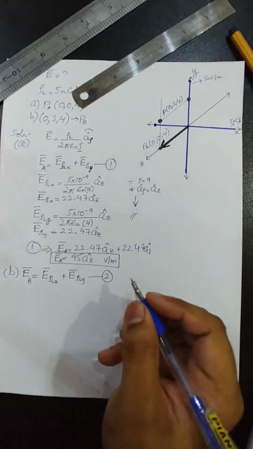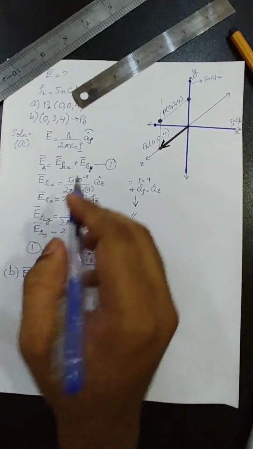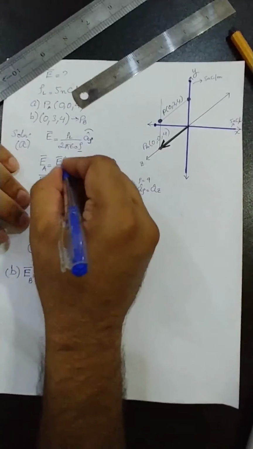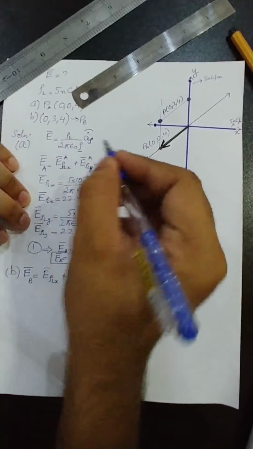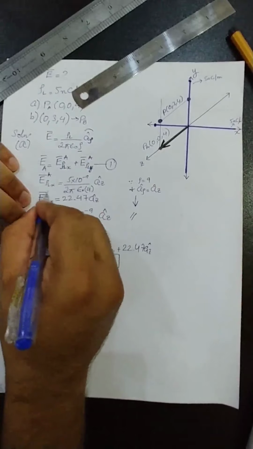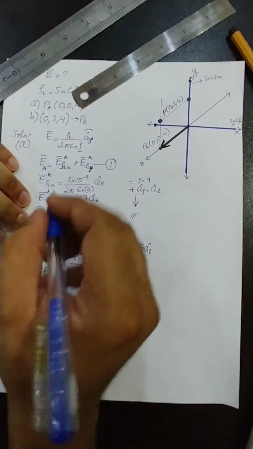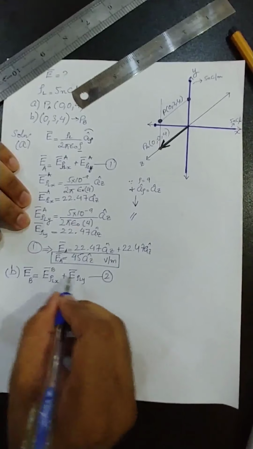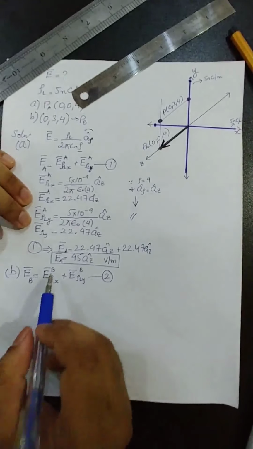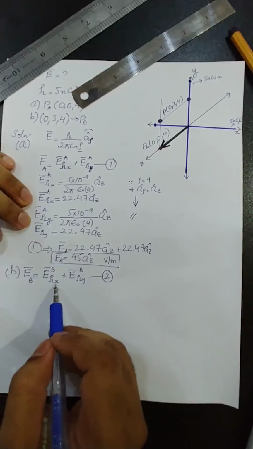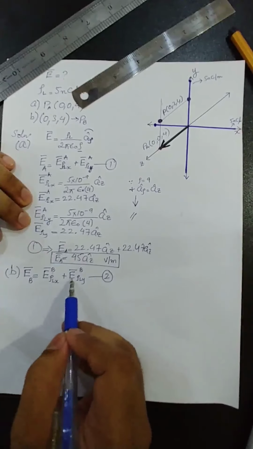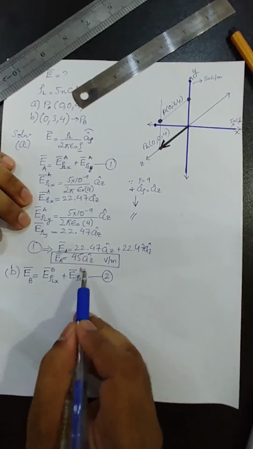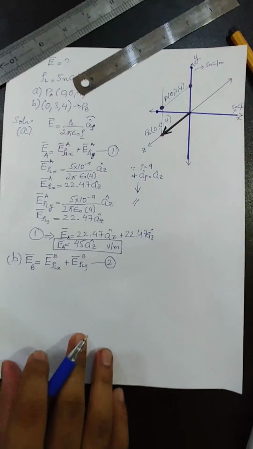Because we want to differentiate these two equations, I would prefer to write A in the superscript here, and B in the superscript here, because this is the contribution of rho L on x-axis at point B, and the contribution of electric field intensity due to rho Ly at point B. So this is how we should read it.